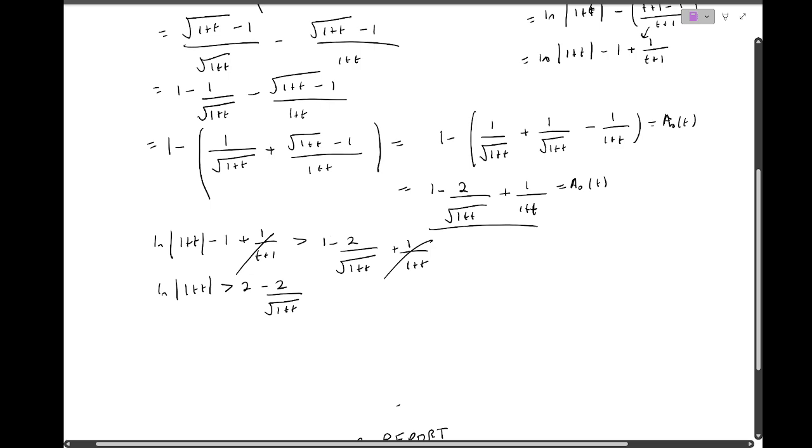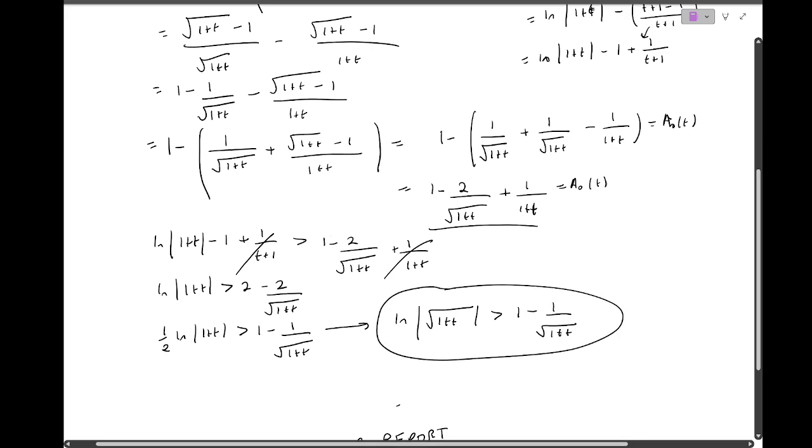And therefore, we can take 2 common and divide both sides by 2, and we get a half natural log 1 plus t is greater than 1 minus 1 over the square root of 1 plus t, which goes to, because of log laws, we can bring the coefficient as an exponent inside the bracket. So we'll get, which is exactly as we wanted.